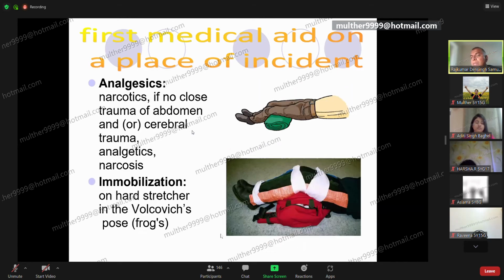Next comes its complication. How to diagnose whether this patient is developing shock or not? Pelvic fracture, but how to diagnose that the patient is developing shock?